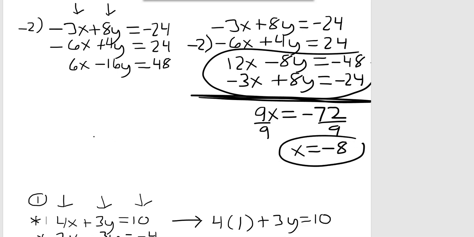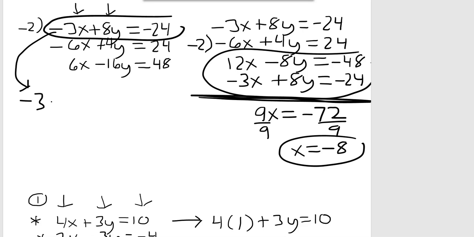And then remember, to figure out what the y is, we can go back to any of the original equations or the changed equation and use substitution. So if I take this first equation, the one that we started with, now instead of the x, I'm going to make a substitution. Everything else about the equation stays exactly the same. But instead of the x, I'm going to replace that with negative 8, because I now know that x is equal to negative 8.